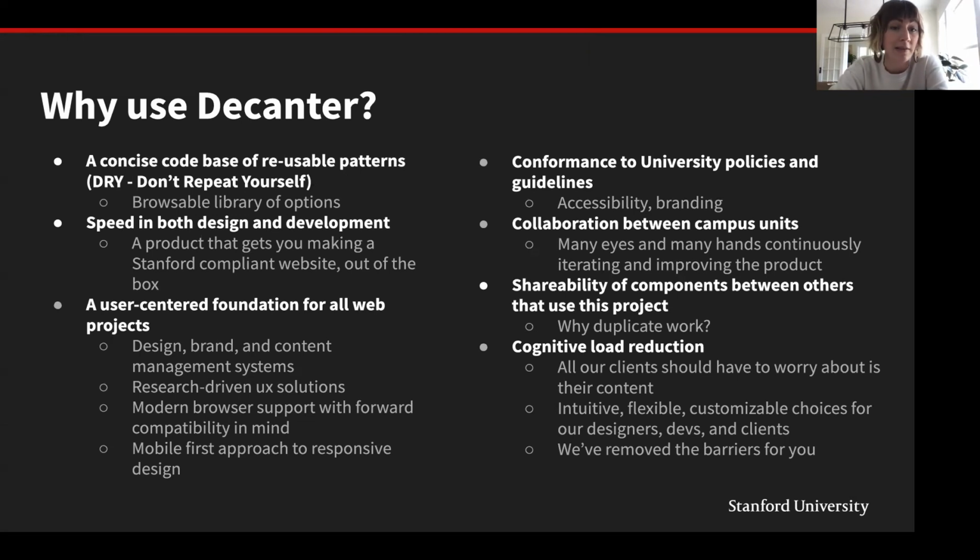So the one example I like to bring up constantly is accessibility, which is a very, very difficult thing to do and to do well, and then to maintain. And it kind of makes sense that we wouldn't want to do that duplicatively across the university. So Decanter offers that in a package where you've got a team maintaining and making sure that everything that we're building is up to snuff on AA WebAIM accessibility standards.